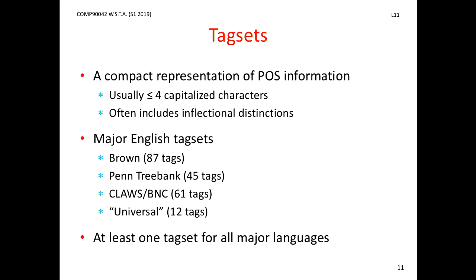So when people create a new data set, they realize that there's some deficiency in the old tag set, so they come up with their own. So here I've listed 4 different tag sets. The Brown, the BNC, and Penn Treebank are all data sets that have been around for 15, 20, 30 years. And they've all got their own specific tag sets for English.